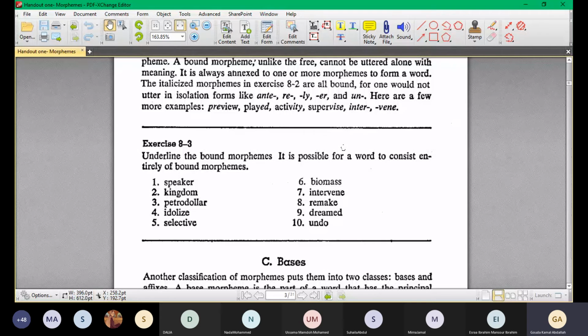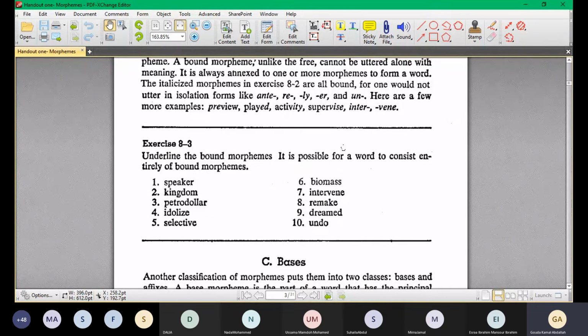Okay, let's go to number three, sorry. Where is the bound morpheme, not the free one? Petro, excellent. It has to do with petroleum. So petrodollar. So it is the money that people who have tons of petroleum can get from selling this kind of fuel.